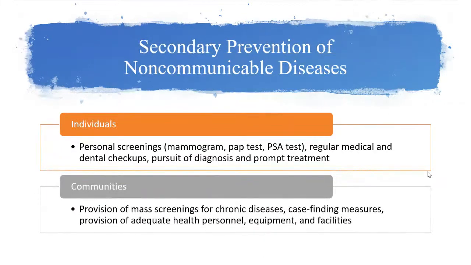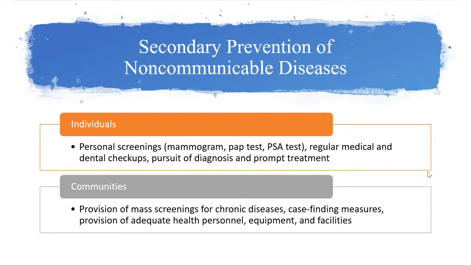For secondary prevention of non-communicable diseases, under individuals, we have personal screenings. So for women, starting at age 40, you need to get a yearly mammogram, having Pap smears, PSA, prostate-specific antigen tests, regular medical and dental checkups, and then using those to diagnose and treat something early, right?